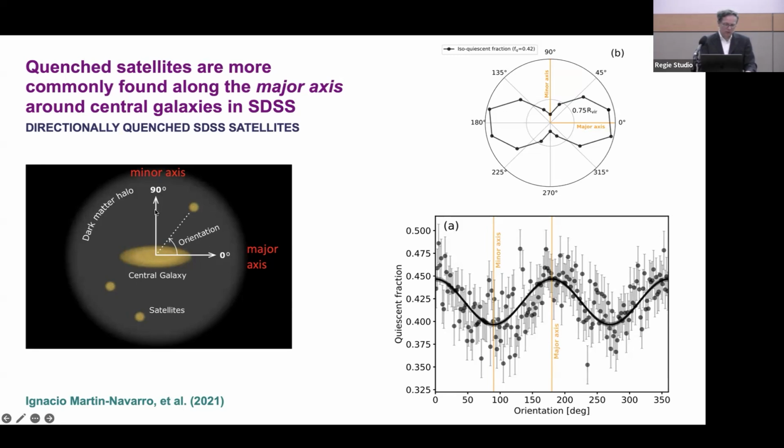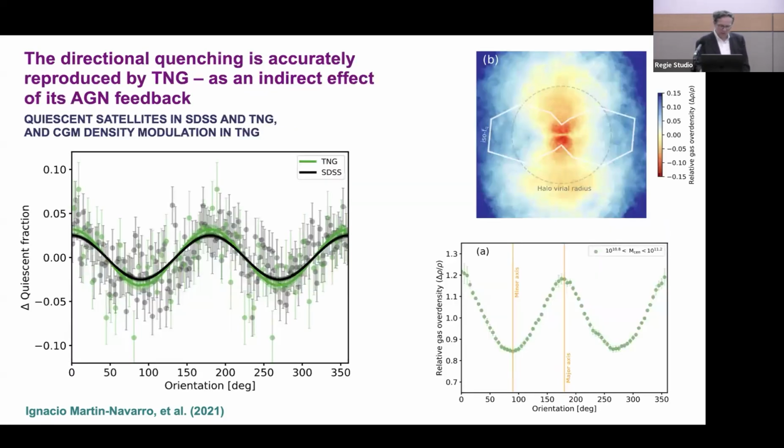That is when they are here in this piece, and not so much on the minor axis, right? So now, why is that? There's a very clear 5% modulation with this angle of orientation. And then we looked at this in our Illustris TNG galaxy population, in green. We find the very same modulation, right?